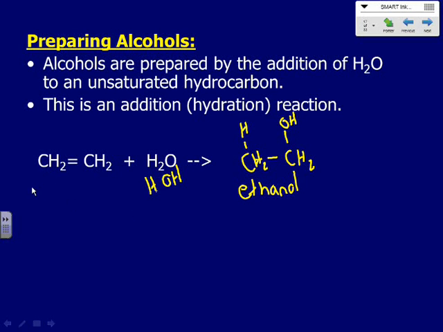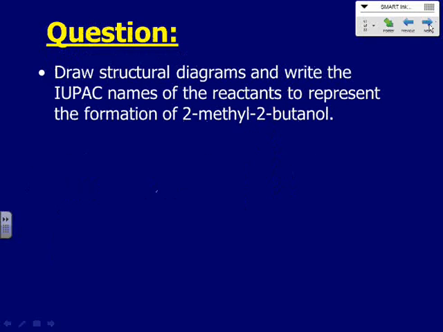All right? So if we start with ethene, because of the double bond, and we add the hydrogen and the hydroxide, well, it's not a hydroxide, but the hydrogen and then the hydroxyl group, then we end up with ethanol. All right? So we can do that by an addition reaction, and we've already seen that.